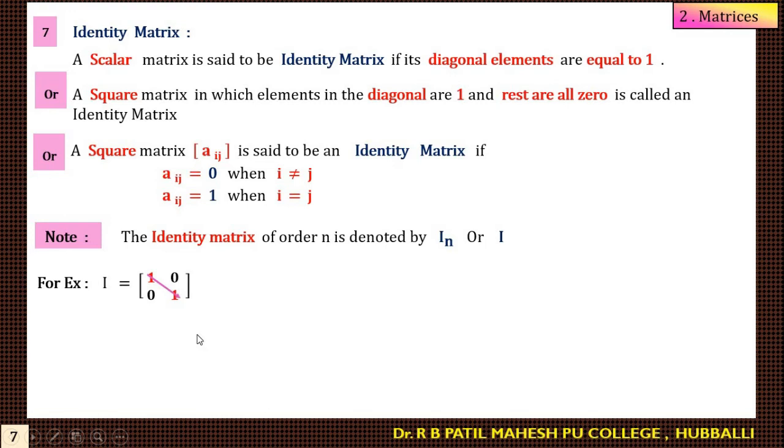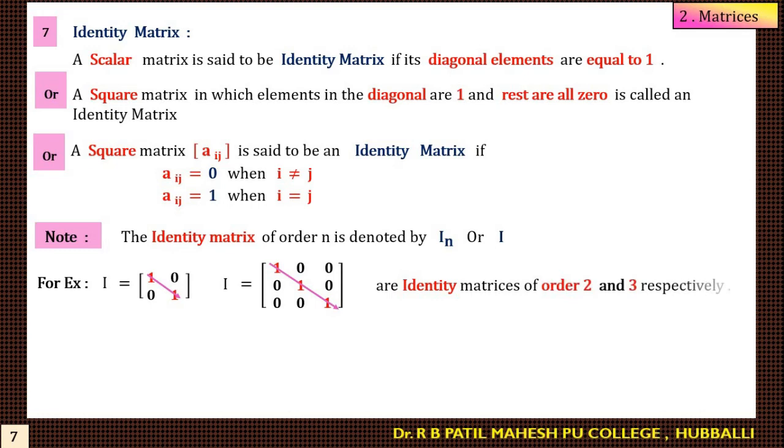Now another identity matrix of a different order, I is equal to a square matrix of order 3: 1 0 0, 0 1 0, 0 0 1. In this matrix the diagonal numbers are 1 and remaining all elements are 0. That means this matrix is called identity matrix of order 3. These are identity matrices of order 2 and 3 respectively.